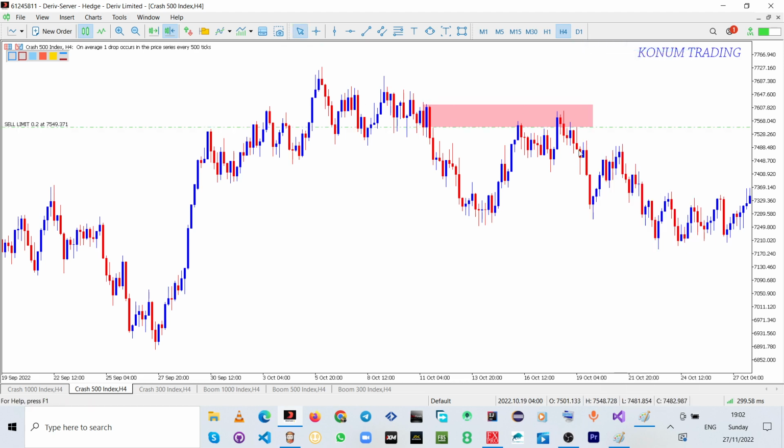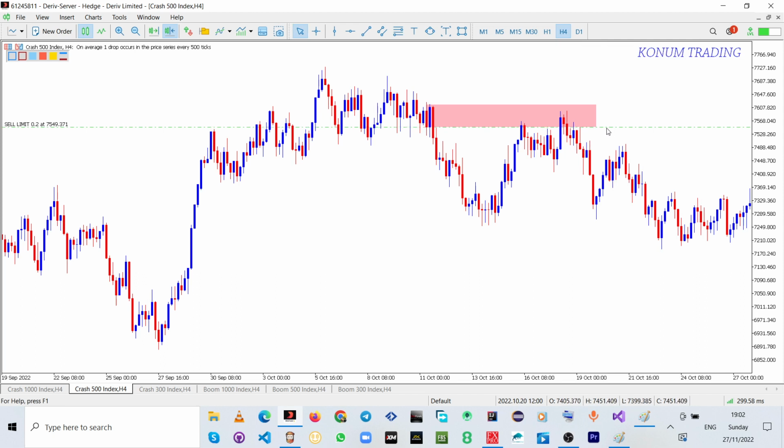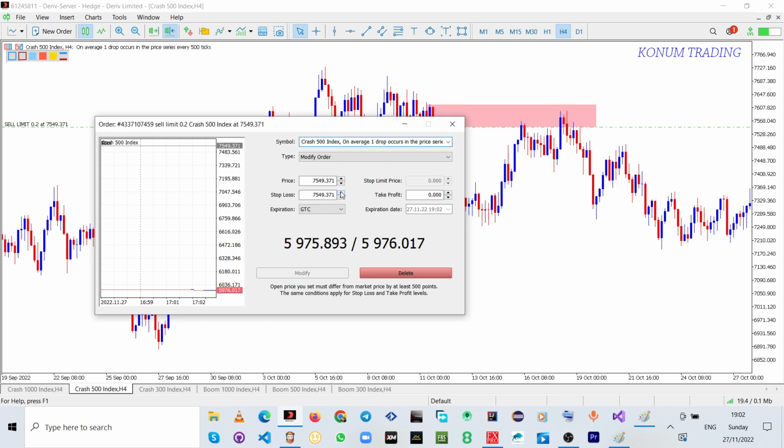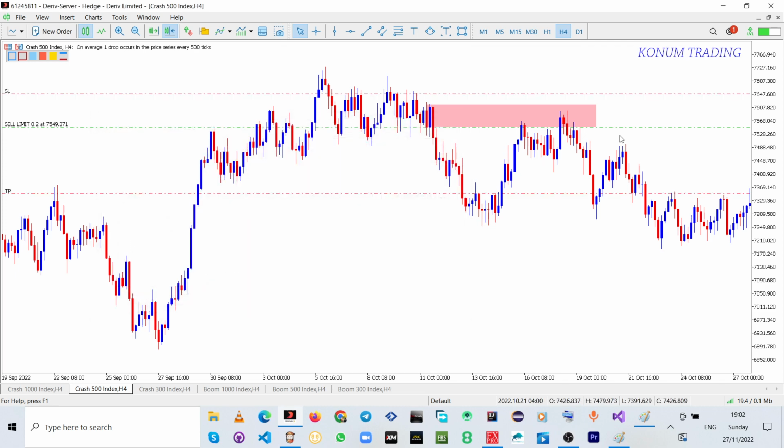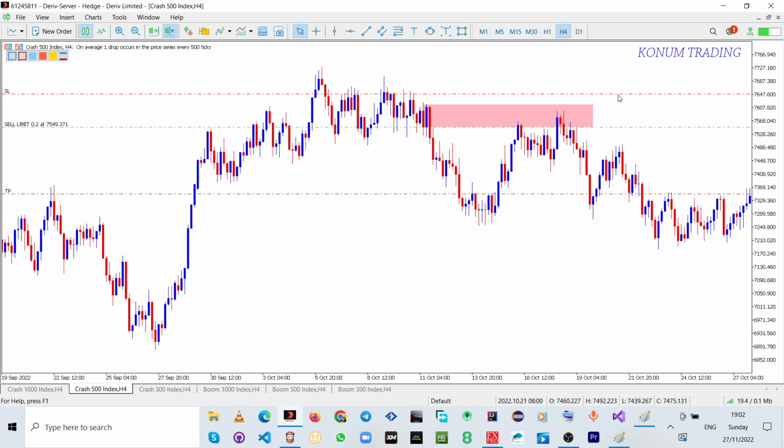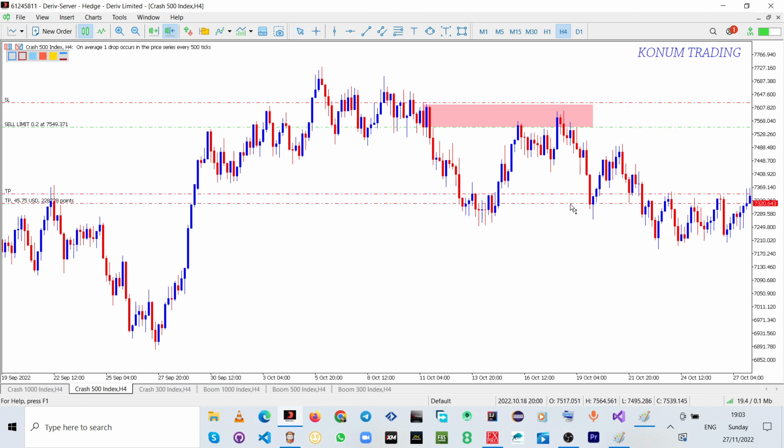Then you set your limit, same thing guys that we were doing in the previous. You set your stop loss, then you set your take profit, then you leave the charts. You go do whatever you want to do, focus on your other business ventures, and money will be made as you sleep sometimes, because some of the trades happen during sleep time.